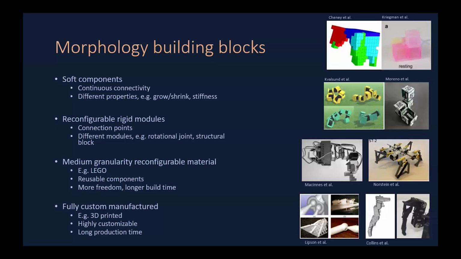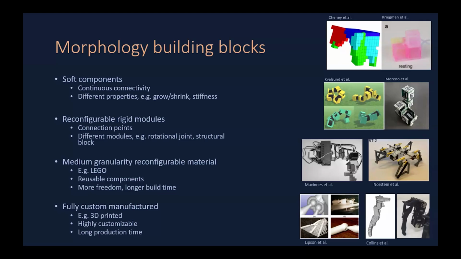Building blocks and soft components are very popular, especially in simulation. Modular robots are also very popular because they are possible to produce, and it's a very interesting scenario.